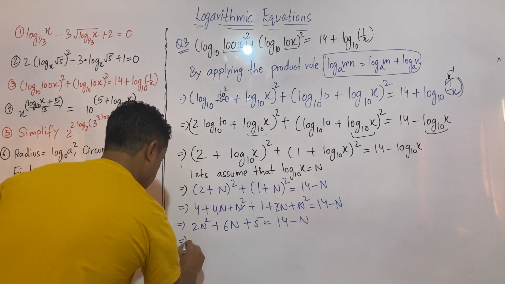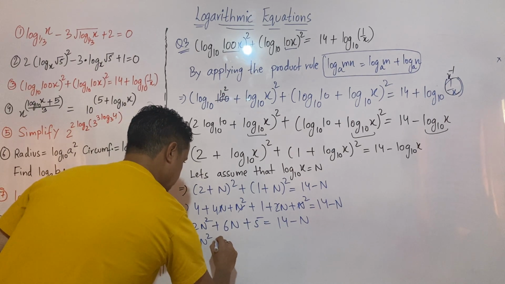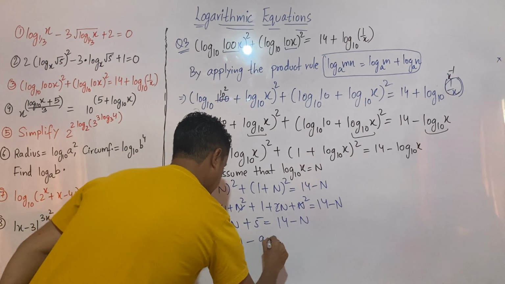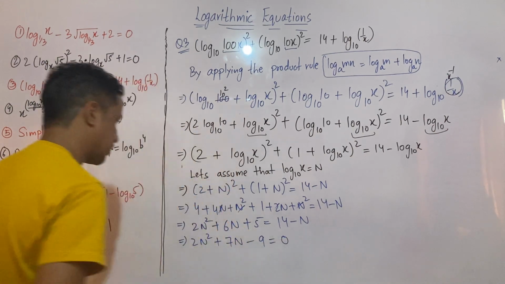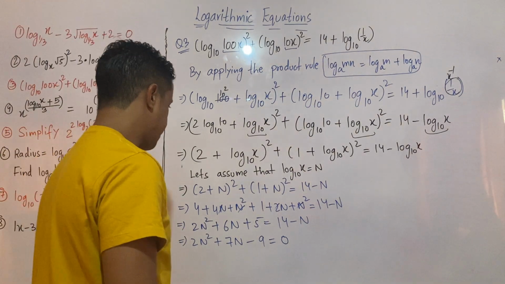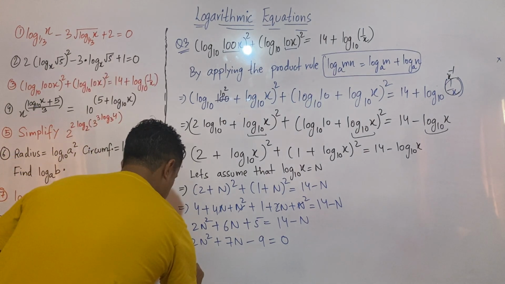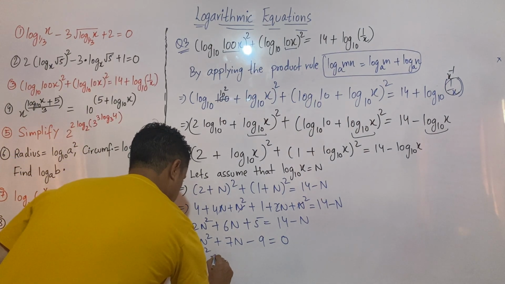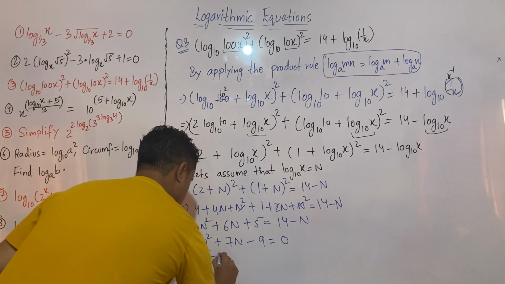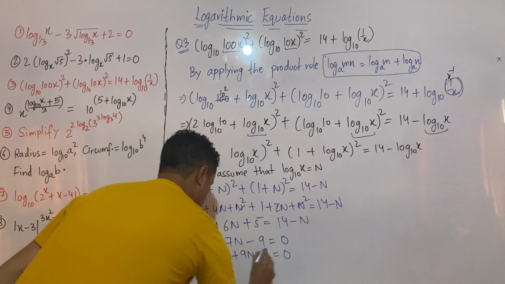So it's going to be 2n square plus 7n minus 9 equal to 0. Okay, so 9 times 2, 18. We have to split the middle term: 2n square minus 2n plus 9n minus 9 equal to 0.